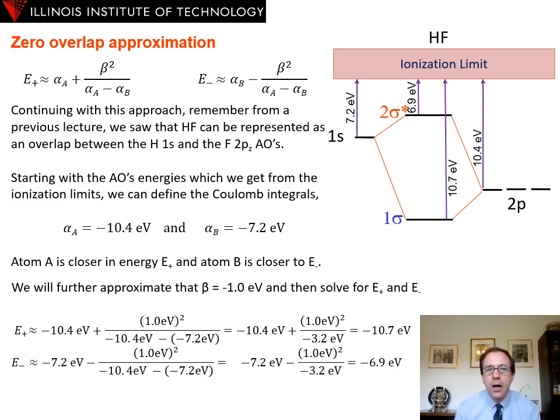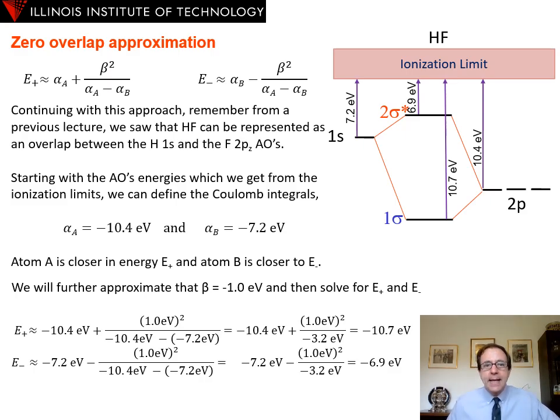That doesn't change. And we can see in this approximation that we're raising it just as much up as we lowered it below. So we end up moving up 0.3 electron volts, which means that the antibonding orbital's energy is minus 6.9 electron volts, 0.3 electron volts higher than the atomic orbital that it's closest in character to.